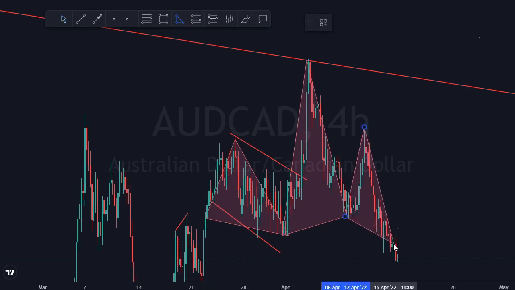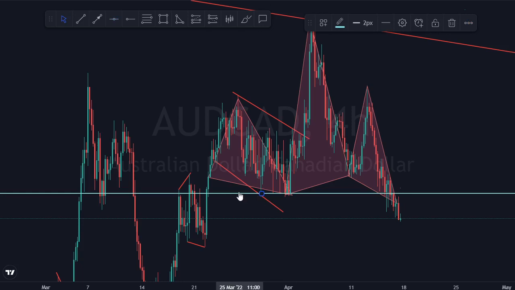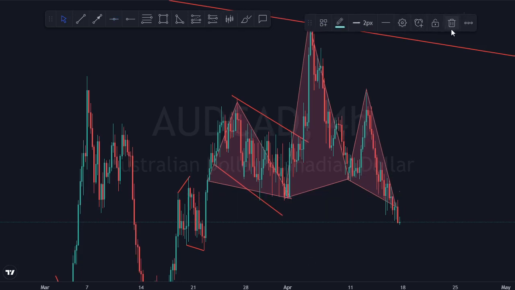Okay, I'd probably say the neckline is somewhere here. Okay, let me use the small one.